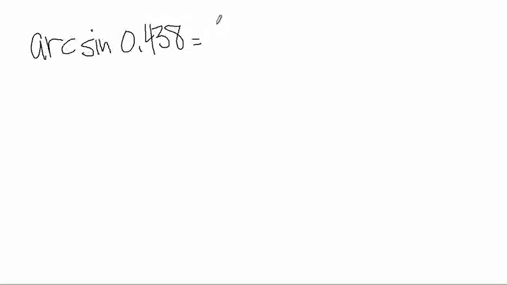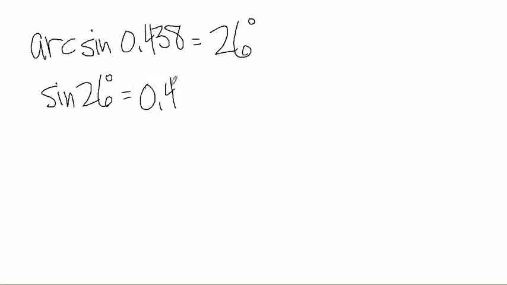You should get something close to 26 degrees. If you don't get a number close to 26, you're not in degree mode. You're probably getting an answer in radians. And then you can also take the sine of 26 degrees to convince yourself that you're going to get a decimal close to 0.438. Now I'll change the equal symbol to an approximate symbol because those are approximately true.